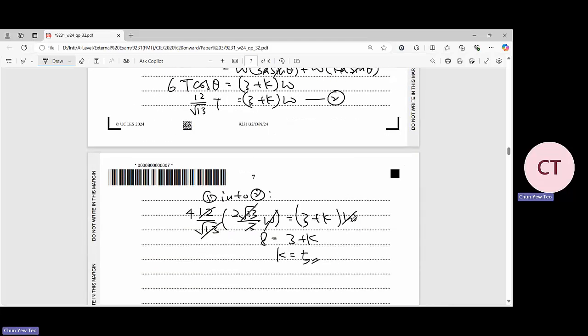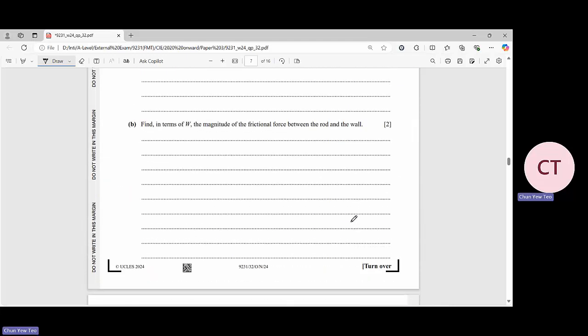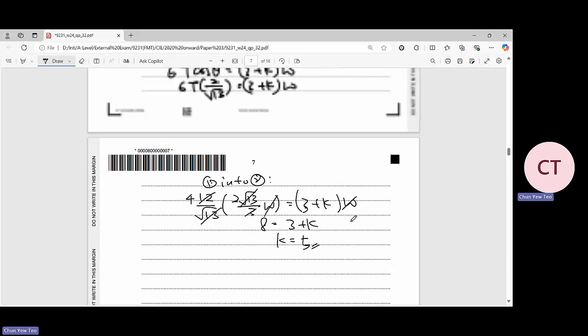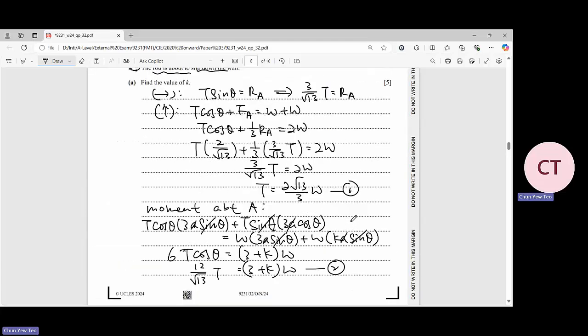So we move on to part B. Find in terms of W the magnitude of the frictional force between the rod and the wall. We want to find the frictional force. So the frictional force is Fa. Fa is 1 over 3 Ra.